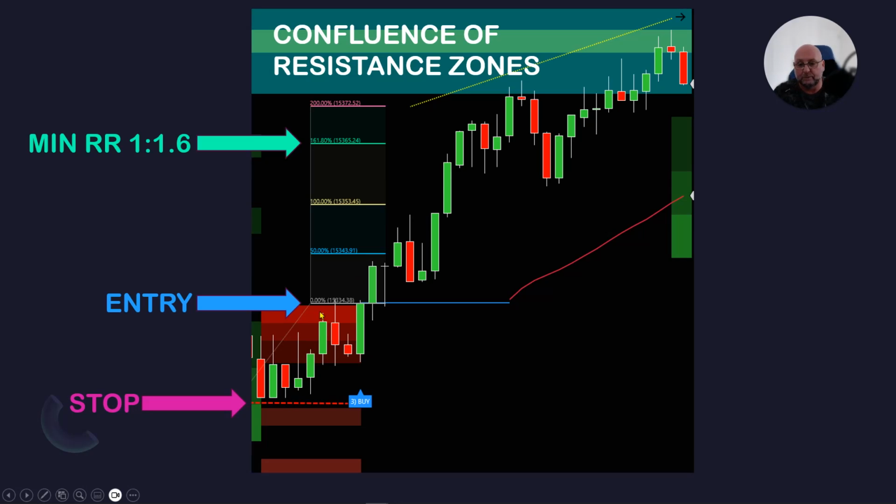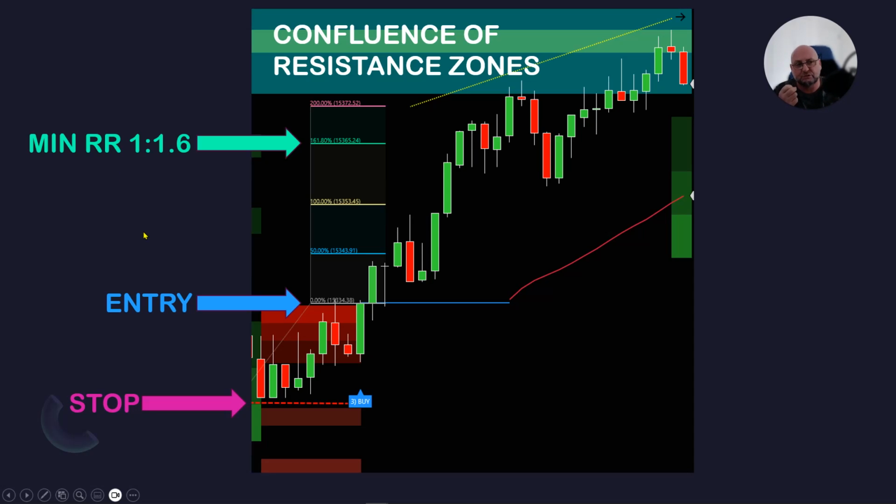So then we've got a stop, we've got an entry, and we can work out a risk reward to the next resistance zone. In this case, there's a confluence of resistance zones on the native and the 15-minute. So we have what we call fresh air. We take the trade, and then you can see the trailing stop here, but it does move into that resistance zone. So that's the most difficult one.